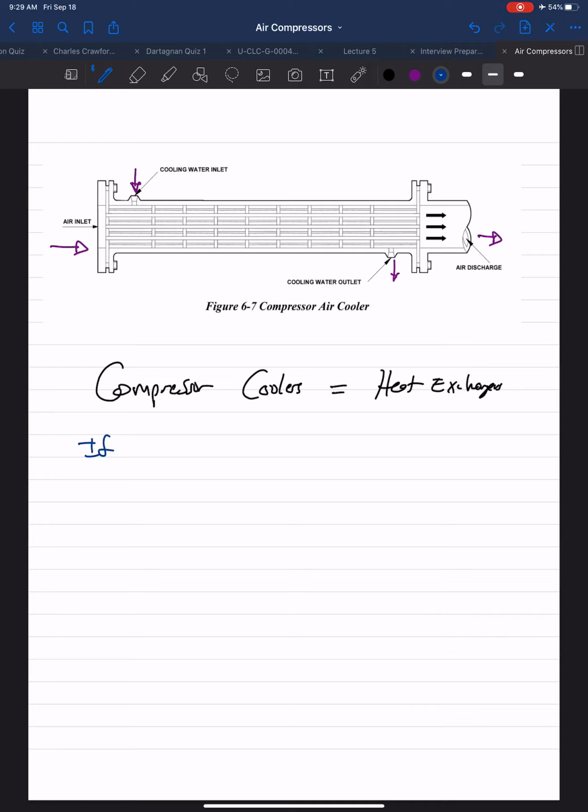So if the moisture fails to be drained, it can be carried over into the air system itself.